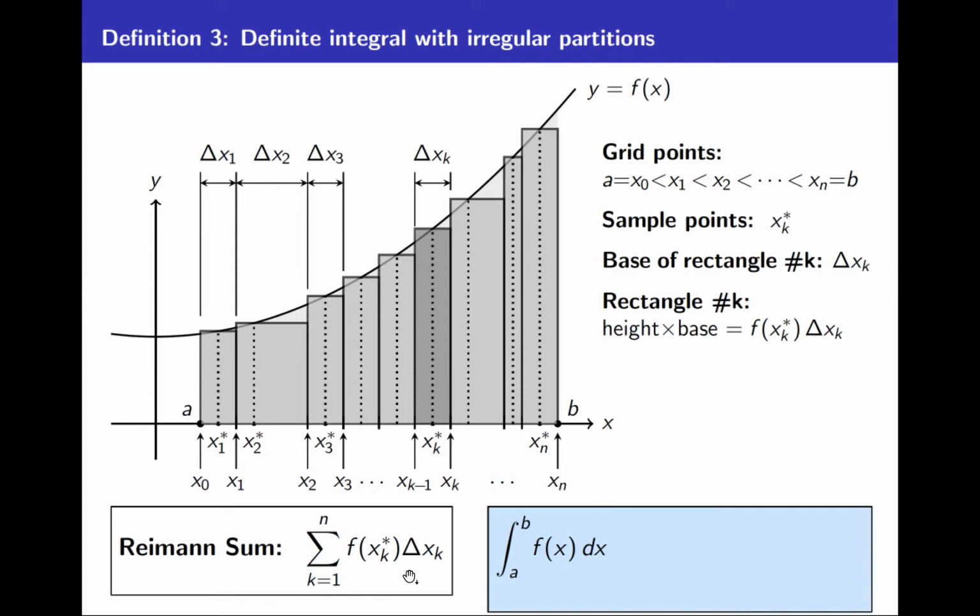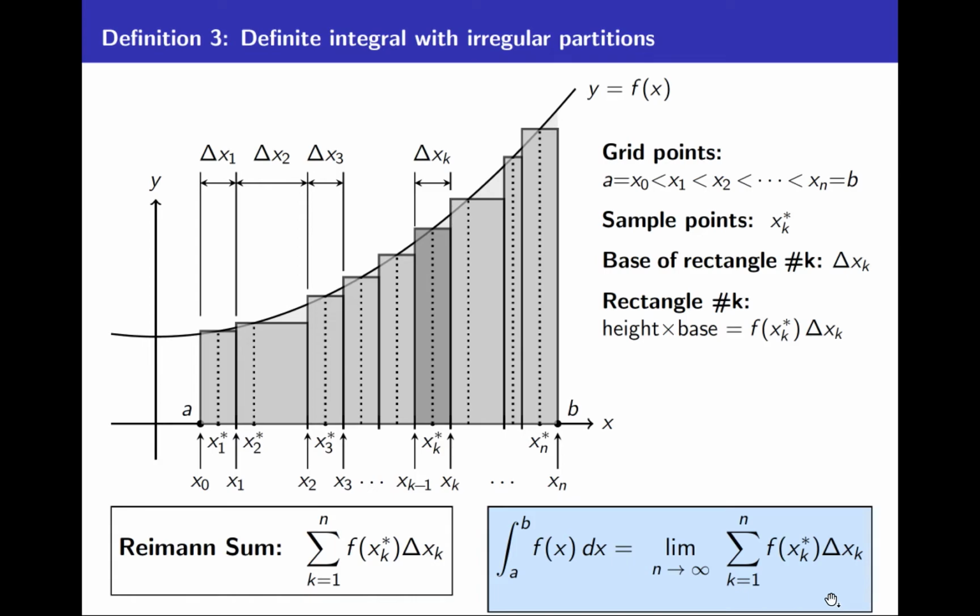But once we make this setup and have this Riemann sum, technically we have a Riemann sum for every n. This way, we define the definite integral from a to b, f of x dx, to be just as before, the limit as the number n of rectangles goes to infinity of that Riemann sum.